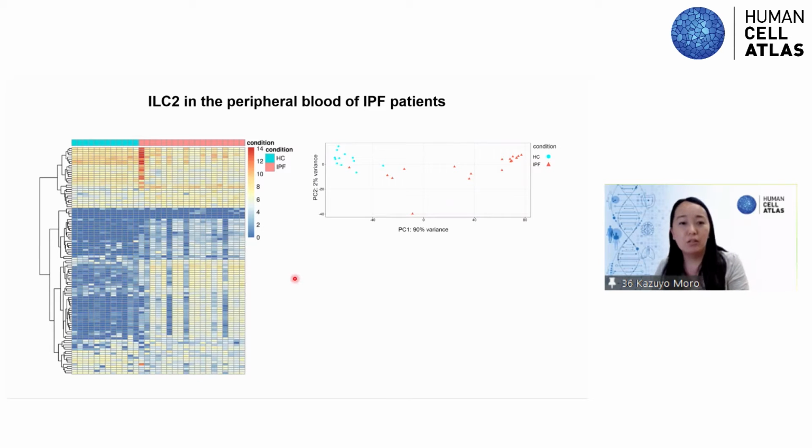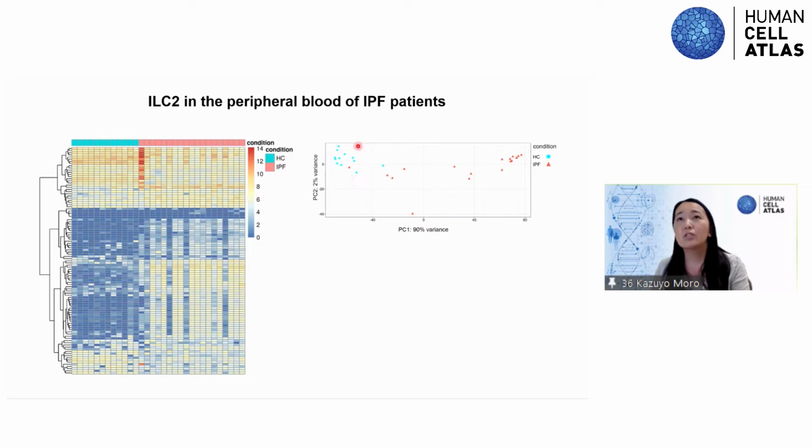So I would like to end my talk with this beautiful human data. So we finally got the human IPF patient samples. We collected ILC2 from peripheral blood from 10 healthy control volunteers and 20 IPF patients. And this is a difference between two different patients.